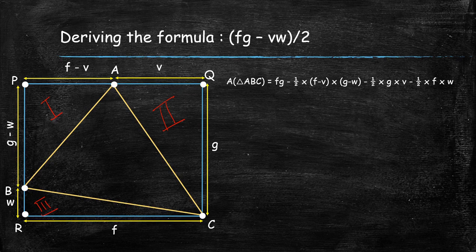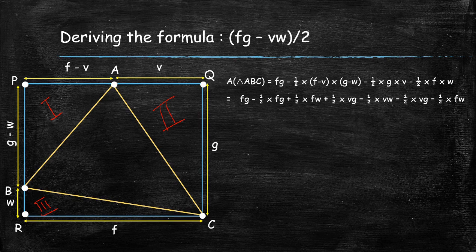Triangle ABC is Fg minus half into (F minus V) into (G minus W) minus half into G into V minus half into F into W. So if we simplify all this, we get Fg minus half Fg plus half Fw plus half Vg minus half Vw minus half Vg minus half Fw.